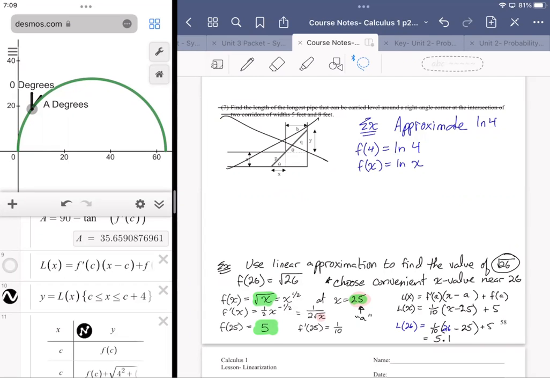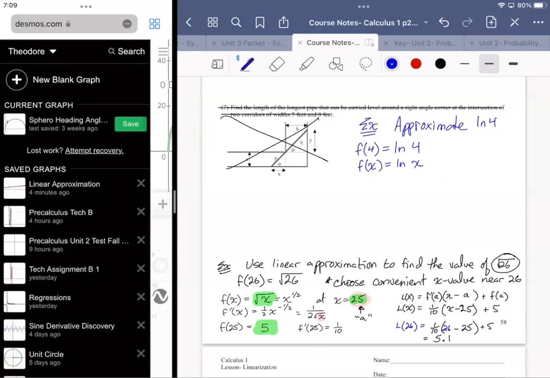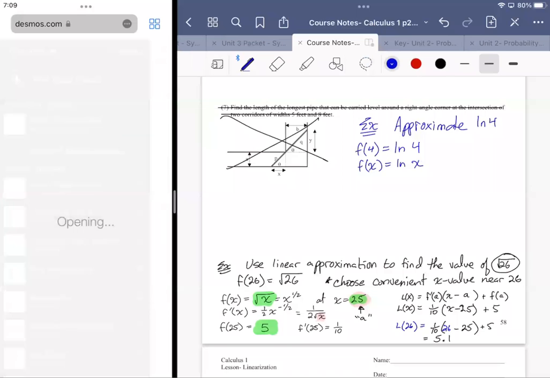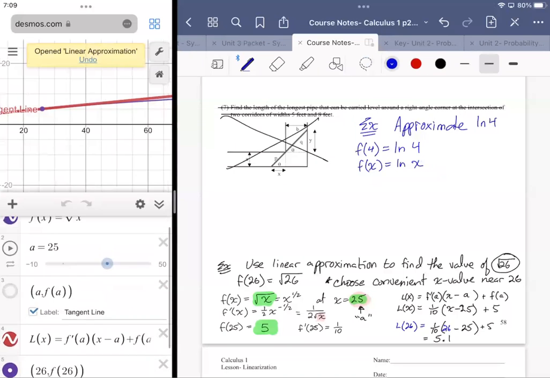So what we're going to do is we're going to say, okay, forget that. We're going to go back to the original function that brought us to the ln of 4 and choose a more convenient value for x. So what do we think about in terms of convenient values of x when it comes to a natural log function? That's the tricky part. So what I can do is go back to my linear approximation Desmos.